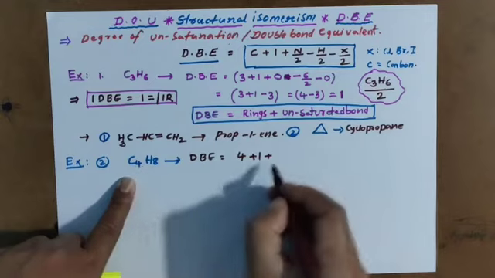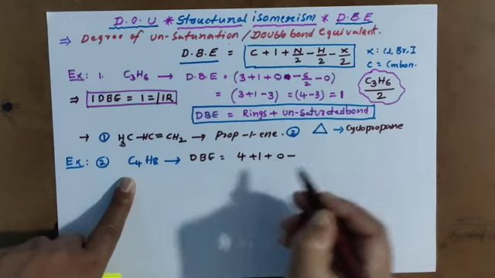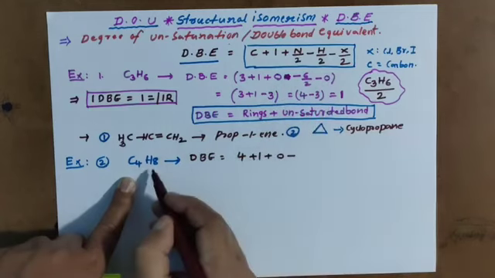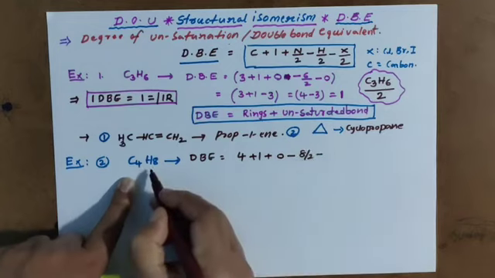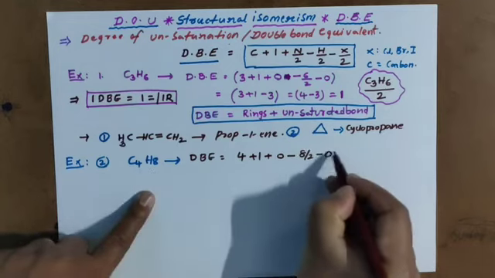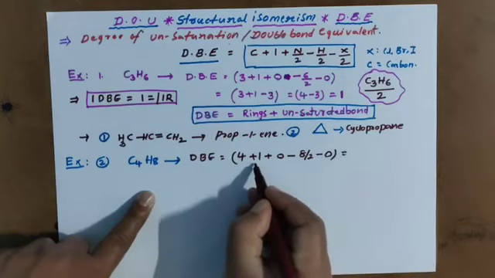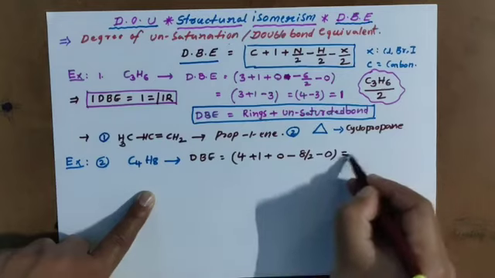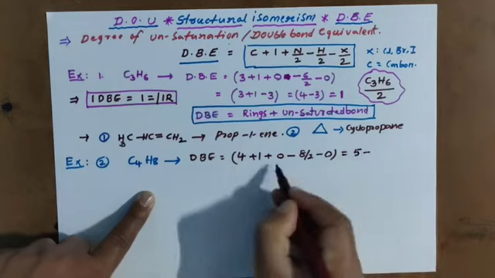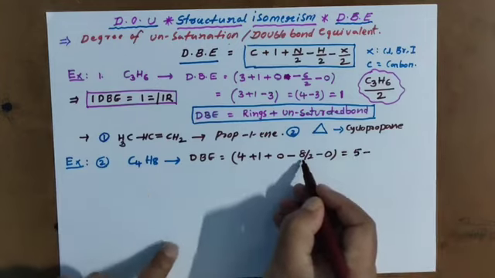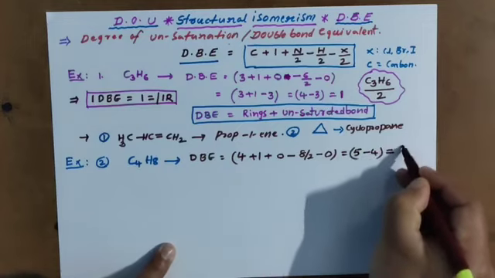Nitrogen not there, so 0, minus H by 2. How many hydrogens are there? 8. 8 by 2, minus halogen atoms. Halogen atoms not there, 0. So that is equal to 4 plus 1, 5, minus 8 by 2, 4. So 5 minus 4, that equals 1.